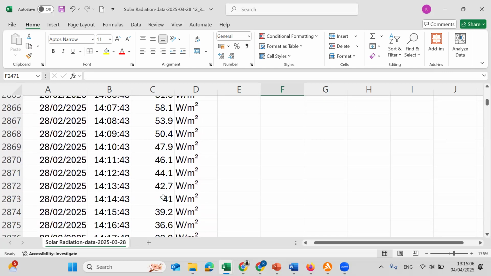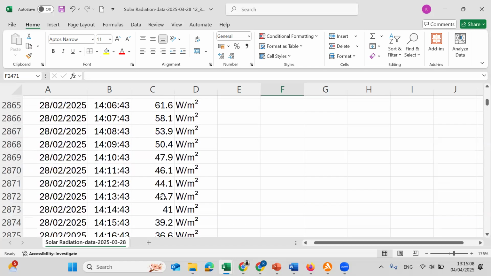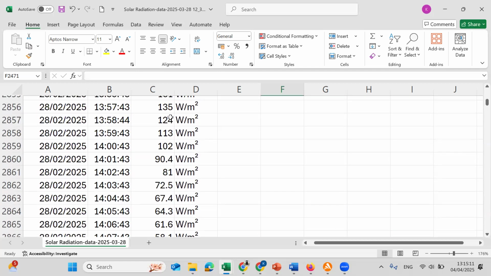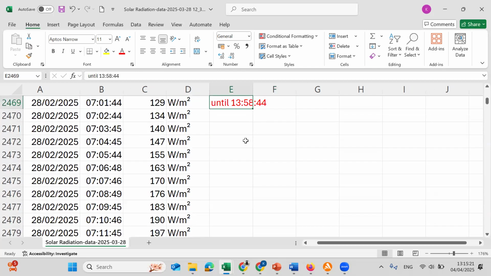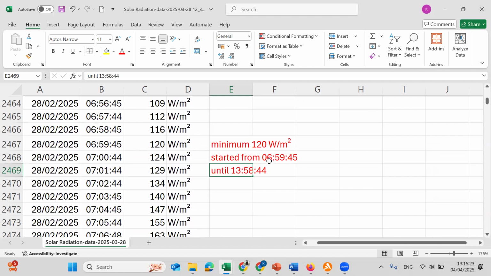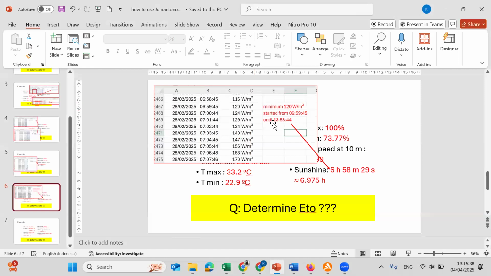You can see here, oh, it's low. So here, 124 is the lowest, at 1:48 p.m. So we note the time from 6:59:45 a.m. to 13:48:44 p.m. You put them here and calculate.